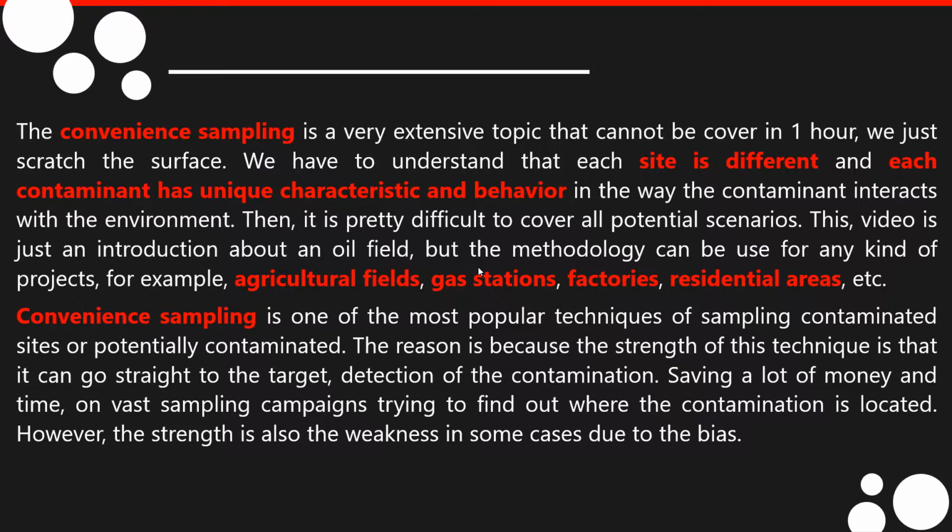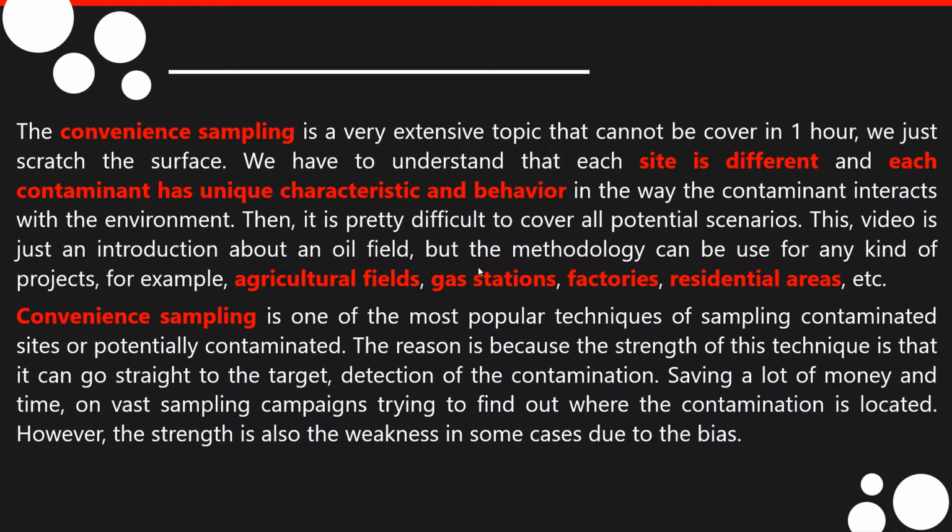But let's think about a second scenario. You go to the field and you see some soils that have a dark gray color, and also there is no vegetation, and you think that one has the potential to be contaminated soil. Then you pick up some samples from that soil and send them to the lab, and you don't get any impacted soils.